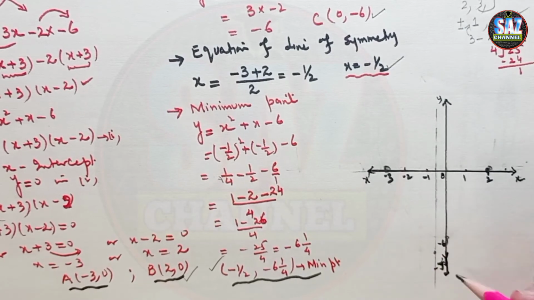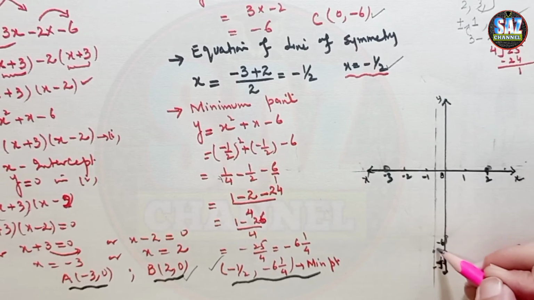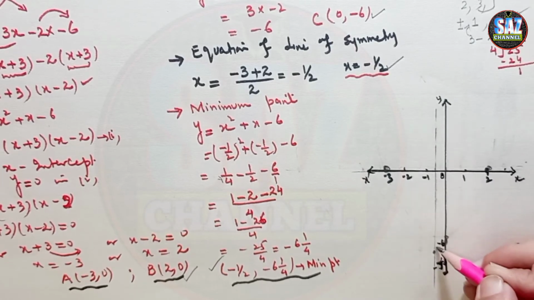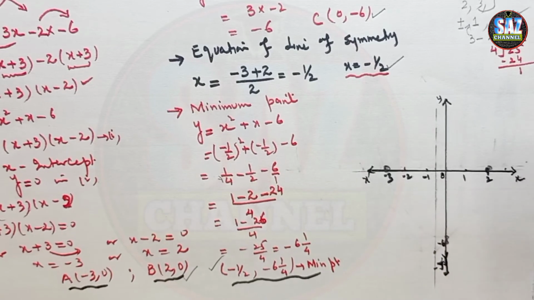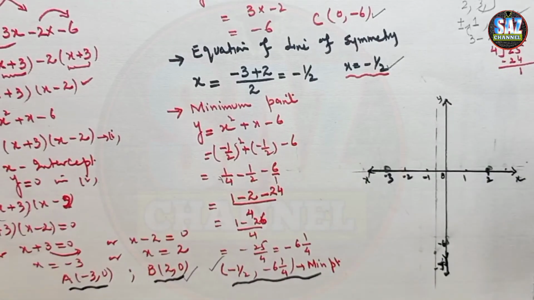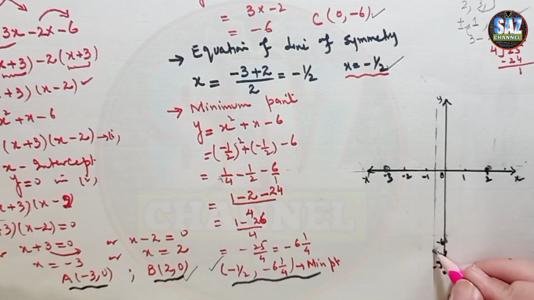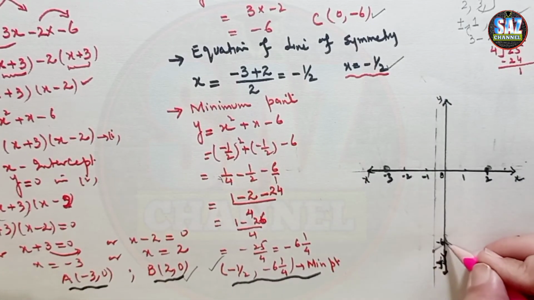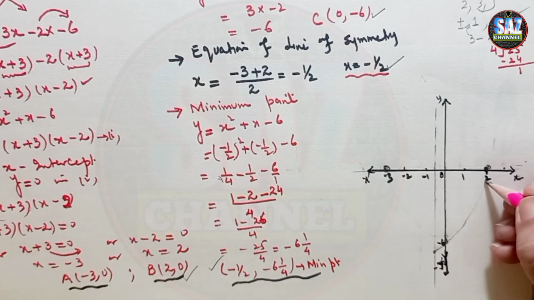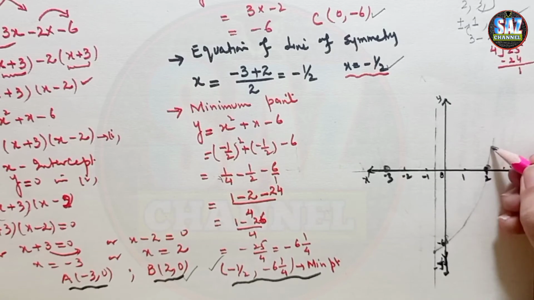This is 6.5, a little down. After marking all these points, what we have to do is join all these points with the help of a smooth curve with a light pencil.